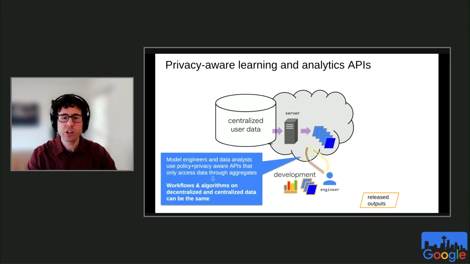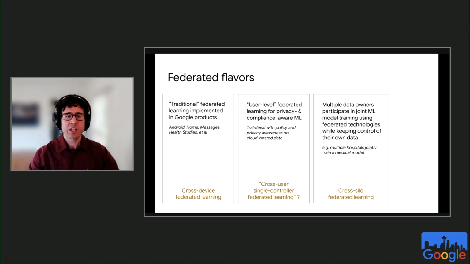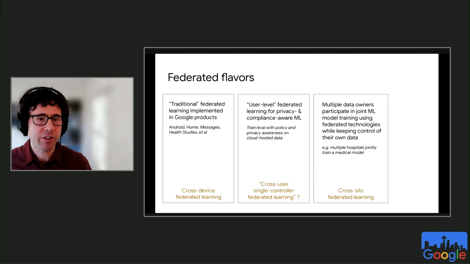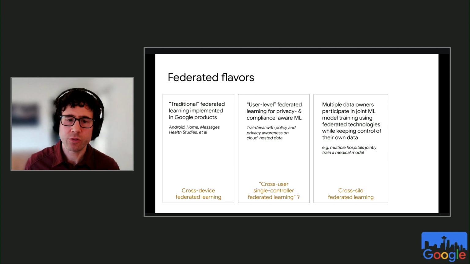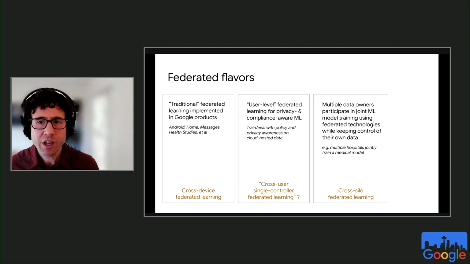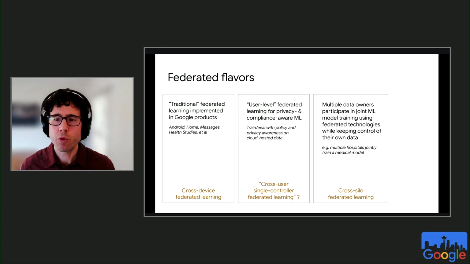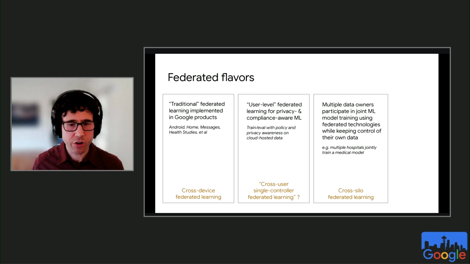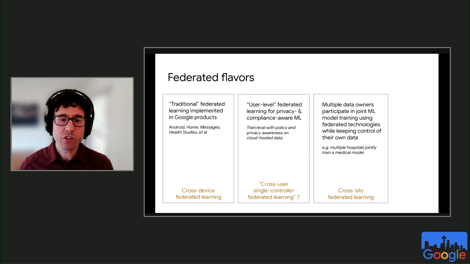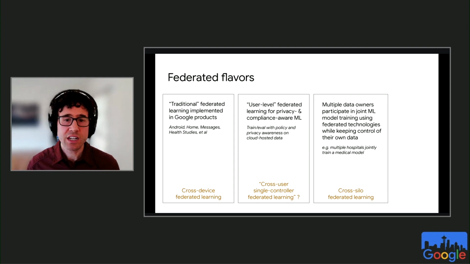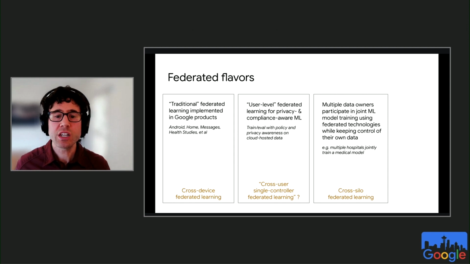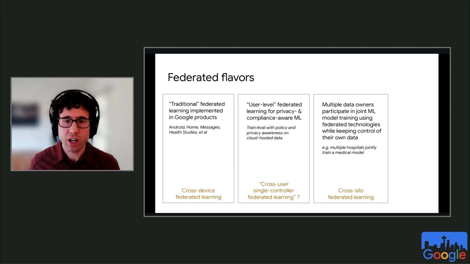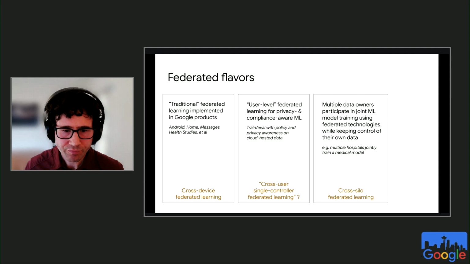And I think this is potentially a really powerful idea that unifies these three federated flavors that Dan was talking about. And it's one of the reasons we're interested in all of them. We'd really like to get to the point where the modeler or the data scientist doesn't really need to care which of these flavors is happening under the hood. They're just comfortable solving their day-to-day work using a set of APIs based on aggregate data processing.